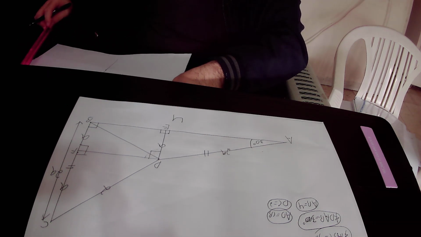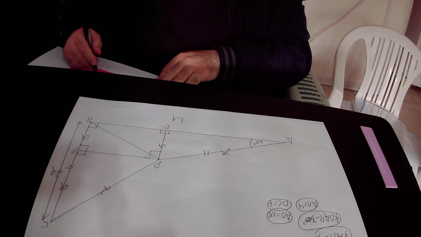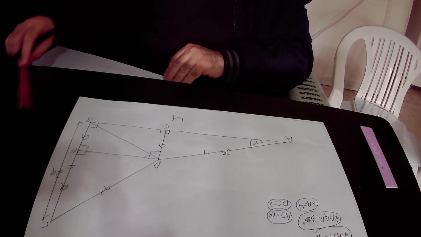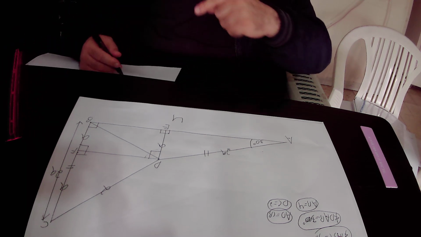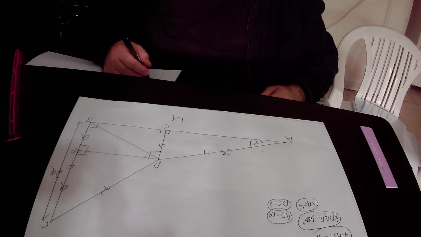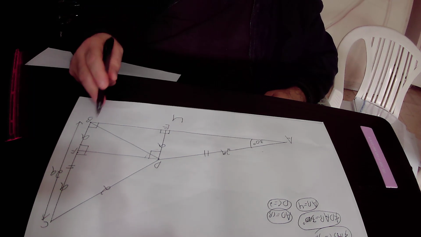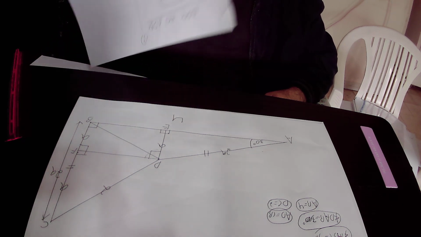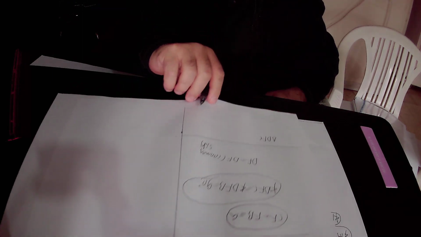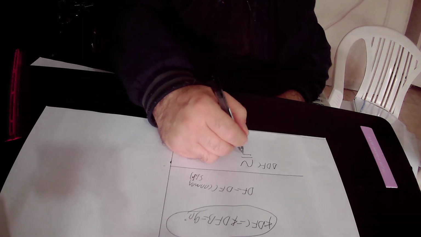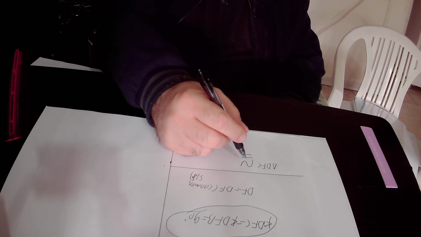Therefore, we actually proved that this triangle DFC is congruent to this triangle DFB. This is the sign of congruent.